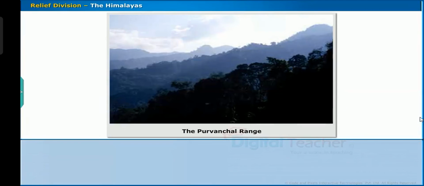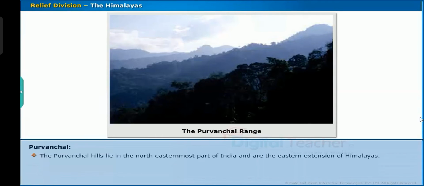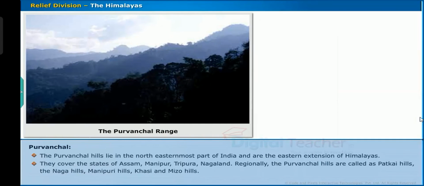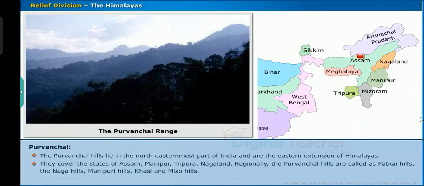Let us now learn about the Purvanchal ranges. Purvanchal. The Purvanchal Hills lie in the northeasternmost part of India and are the eastern extension of Himalayas. They cover the states of Assam, Manipur, Tripura, Nagaland.